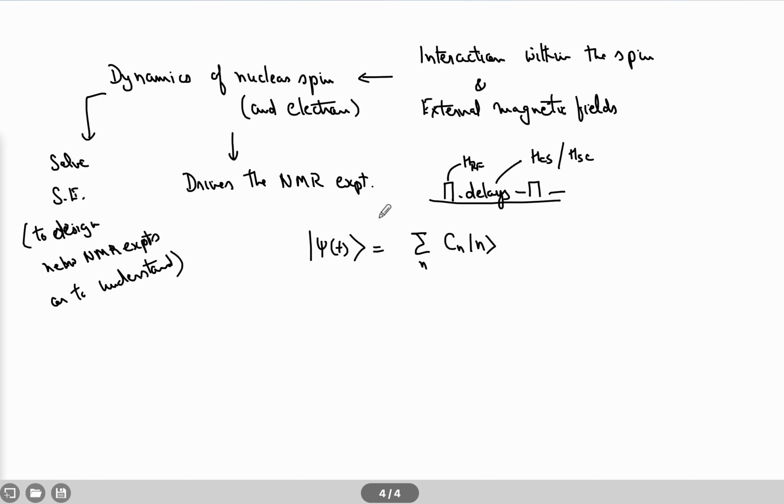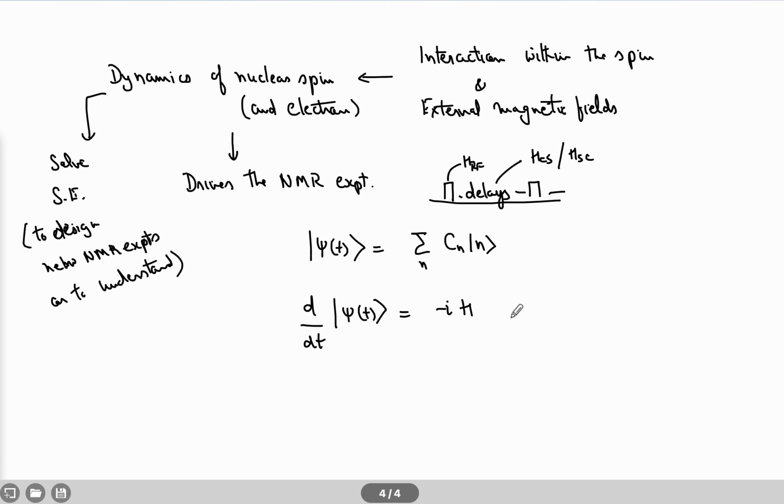Now if we want to understand how this spin system is evolving in time because of various pulses or delays, because of various interactions with other spins, we need to understand the time evolution of psi. Time evolution is governed by the time dependent Schrodinger equation, which we have already learned, so I'm just recapping. So this is the time evolution of psi.